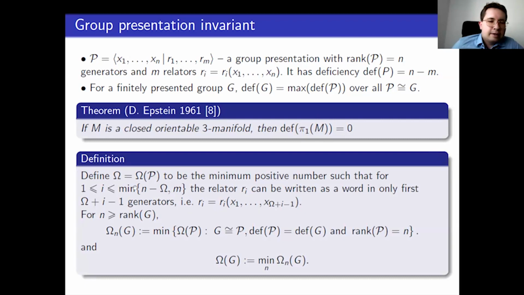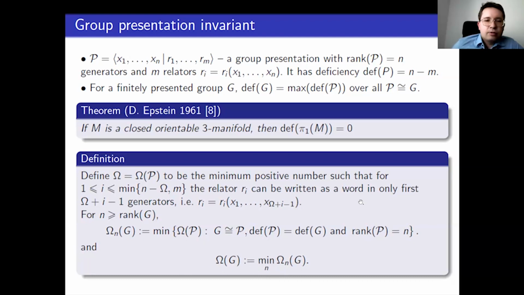And this is then the omega invariant of a presentation, and for a given rank n, we can take a minimum over all omega numbers for all presentations of the same deficiency as G, and the rank equal to n. And also we can take the minimum over all ranks of presentations to obtain the omega of G.